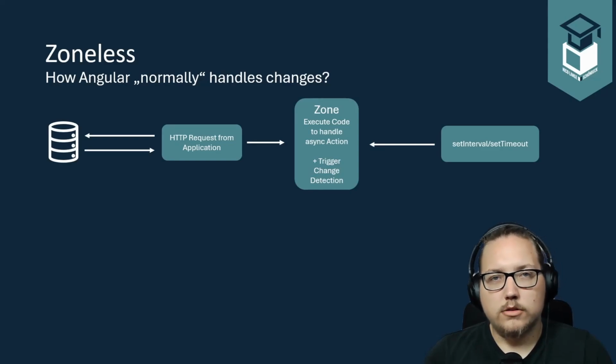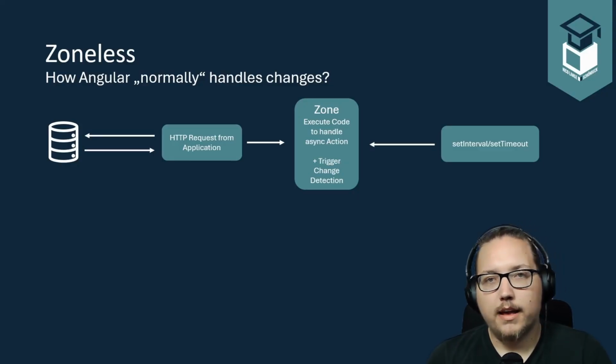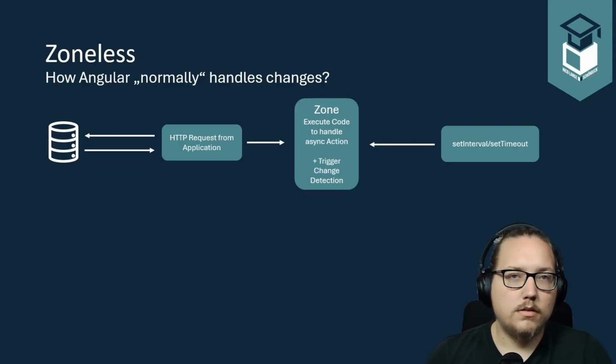What the zone tries to do, or tried to do if you want to go zoneless, is that it kind of detects actions that happen asynchronously, like an HTTP request or a setInterval, setTimeout, and it tries to get this code and put it inside of a zone.